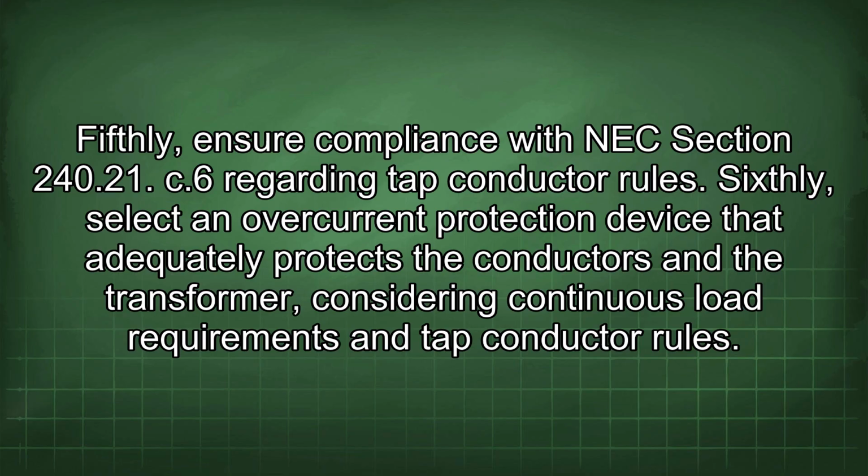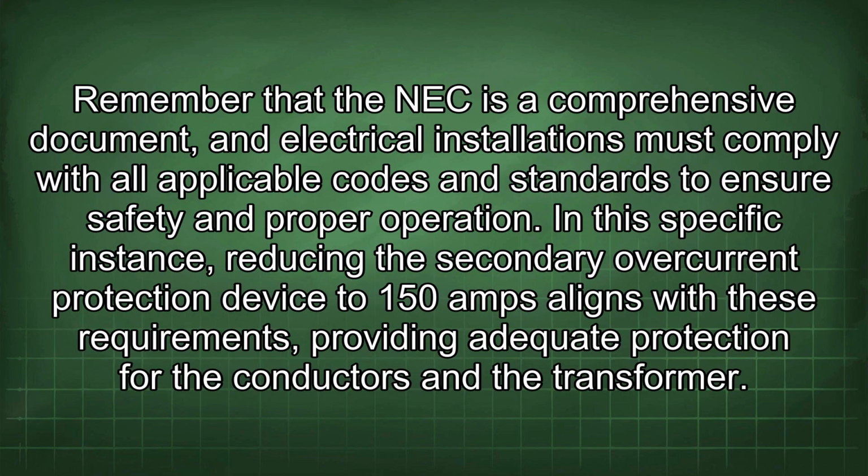Fifthly, ensure compliance with NEC Section 240.21(C)(6) regarding tap conductor rules. Sixthly, select an overcurrent protection device that adequately protects the conductors and the transformer, considering continuous load requirements and tap conductor rules. Remember that the NEC is a comprehensive document, and electrical installations must comply with all applicable codes and standards to ensure safety and proper operation.